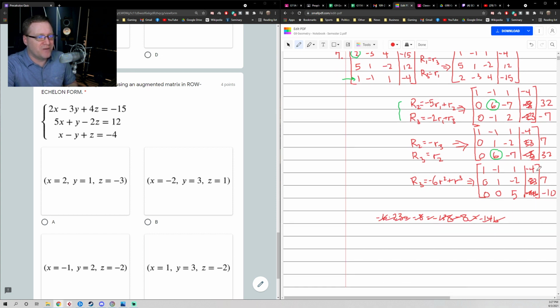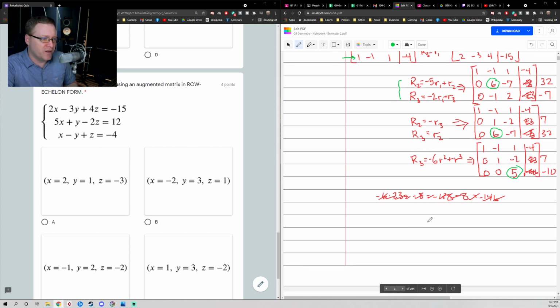Okay. All right, so now we have this, and the final step that we need to do, I just wasted so much time, I'm sorry, is 5 needs to become a 1. The way we're going to do that is we're going to multiply everything in this third row by 1/5.